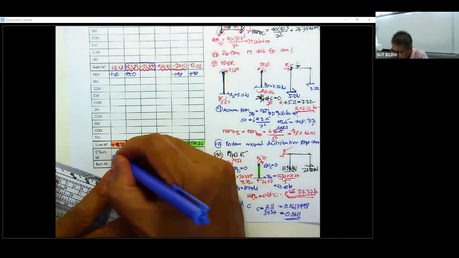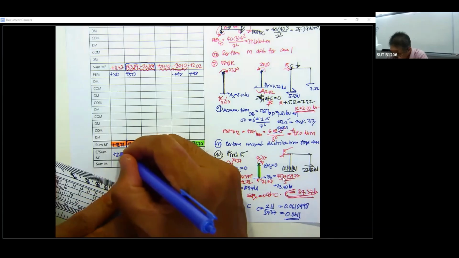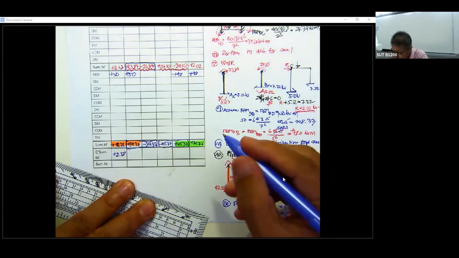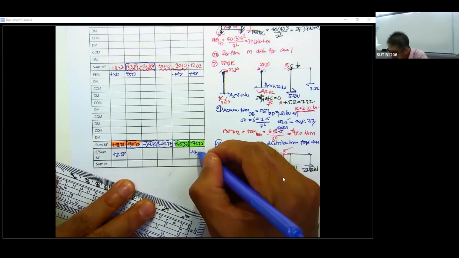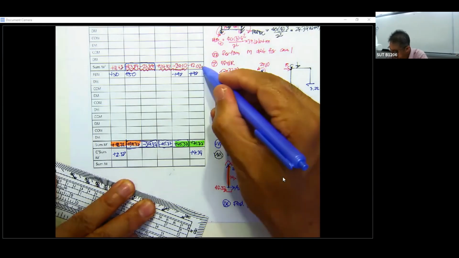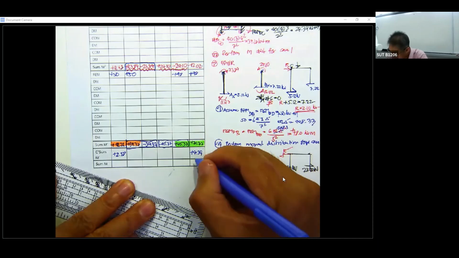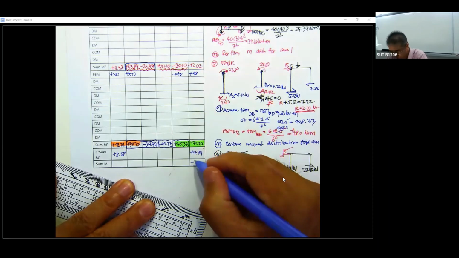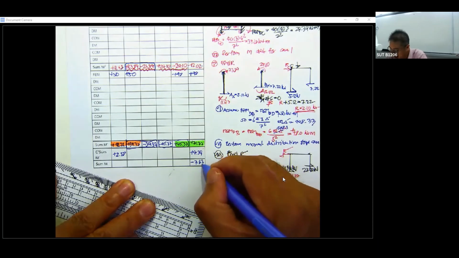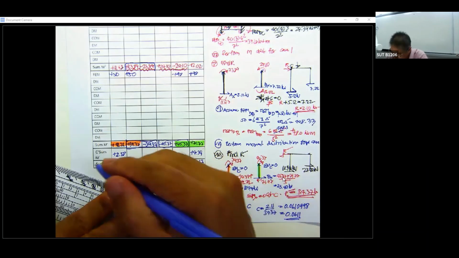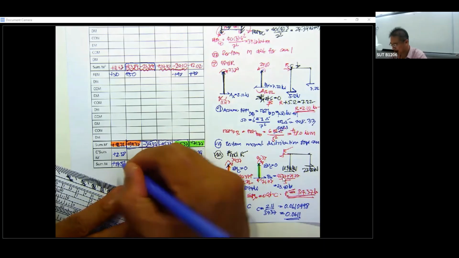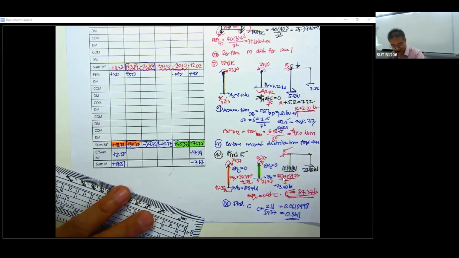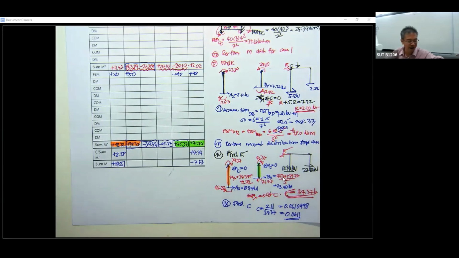For example, this one going to be positive 2.58, and this one going to be positive 4.39, and then this one and this one you get minus 7.63. This one and this one you get positive 14.51, something like this, and then you get all the result.